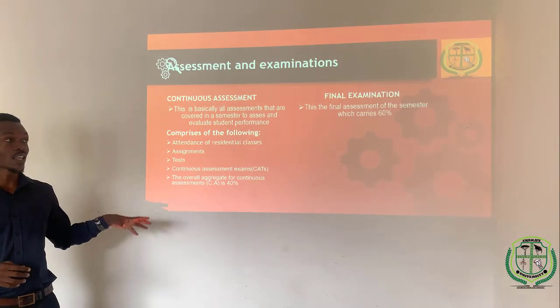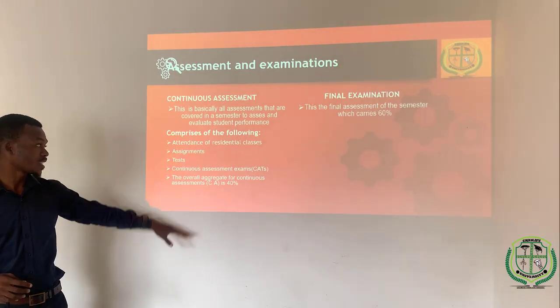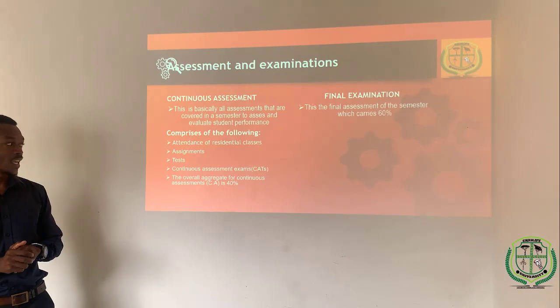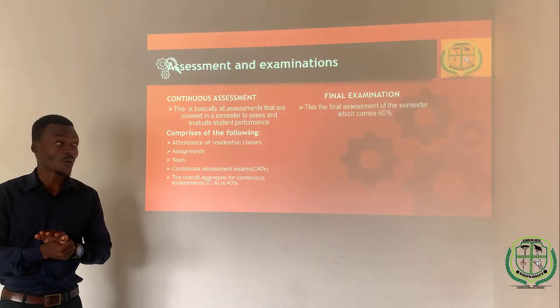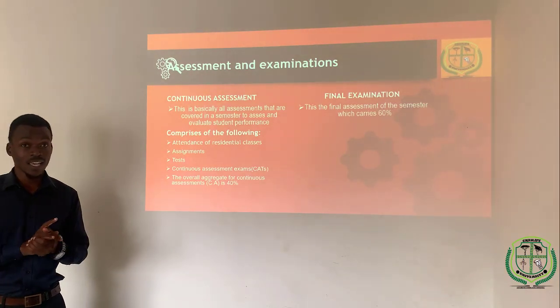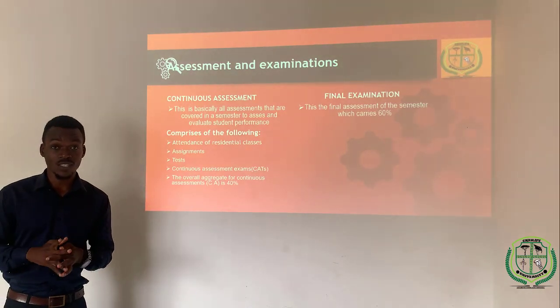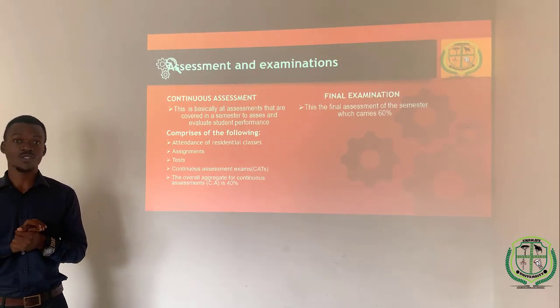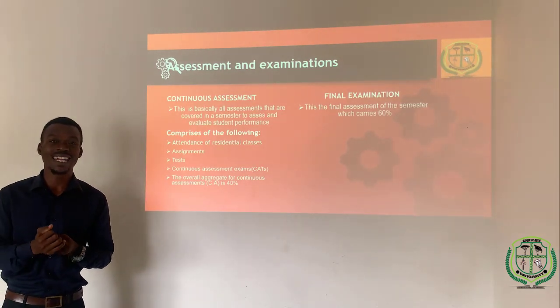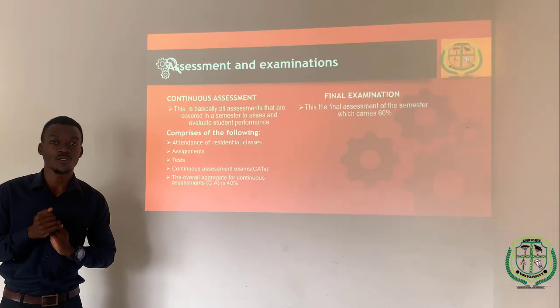All these things mentioned here are graded out of 40. So the CA is graded out of 40, and by virtue of being a distance student, you're not supposed to score less than 15 out of 40.